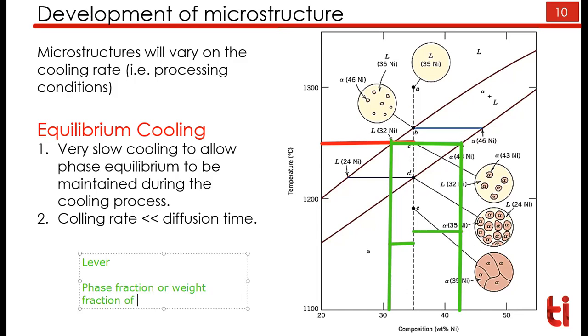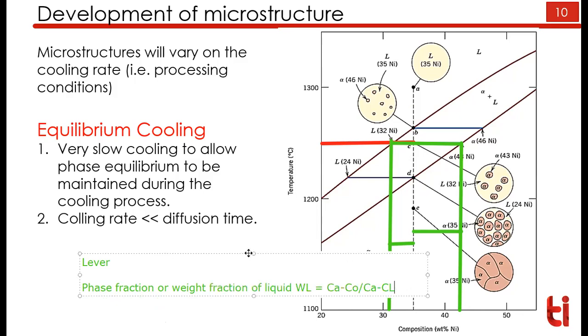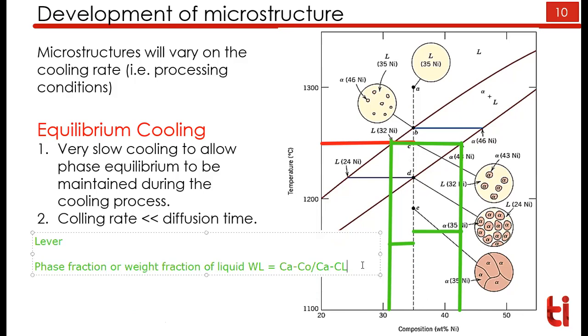Of liquid, let's say we need to find W_L. That will equal (C_alpha minus C_0) divided by (C_alpha minus C_L). I will use this formula. I have already explained this formula in my previous lecture, if you remember.